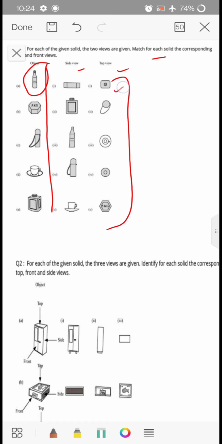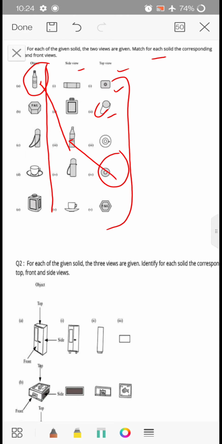Here you can see this is rectangular, so this cannot be the answer. This can be, but here again there is a thread, which is not the correct view. So the correct view is this one. This is the top view of the water bottle, and the side view you can find easily. So you will connect it in this way, first the side view and then the top view.